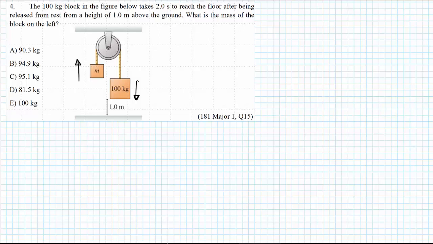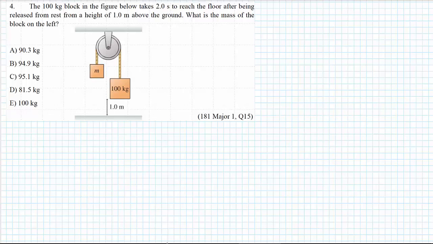They have the same acceleration. One is downward, one is upward. They have the same distance. If you draw the 100 kilogram downward for 1 meter, I expect that the mass M will move upward for the same 1 meter. So what's important for me here is they have the same acceleration.